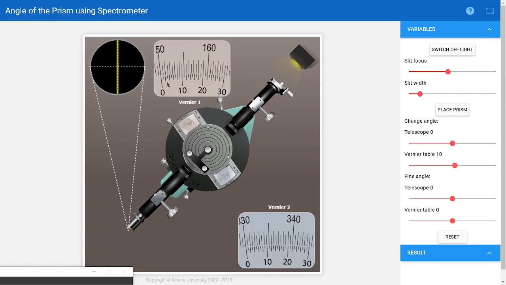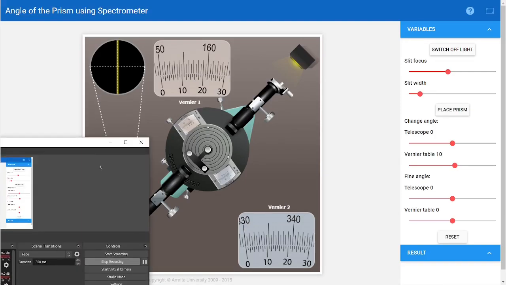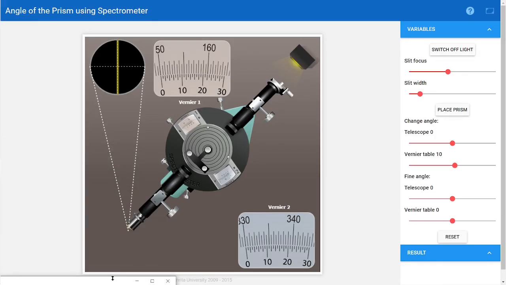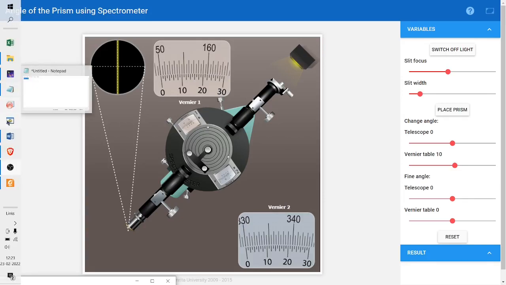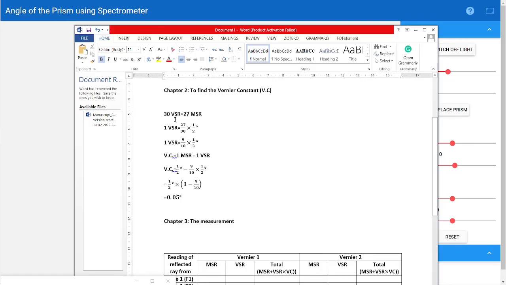So what should be the Vernier constant? We have 30 vernier scale readings equal to 27 main scale readings. Let's calculate the Vernier constant. 30 VSR equals 27 MSR, or main scale reading. And what do we mean by one main scale reading?